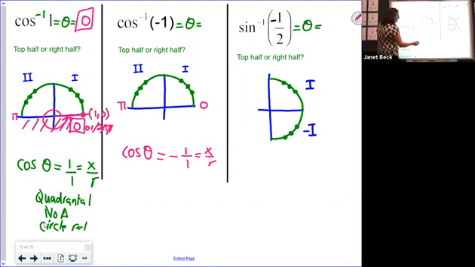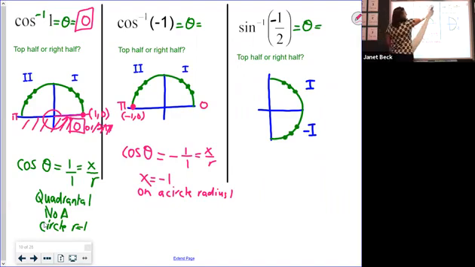Again, it's that same idea, it's quadrantal, but this time your x is -1 on a circle of radius 1. You're just thinking that in your head. So that must be this point here, the point -1, 0. But what I want, remember, is the name of the angle. The angle that takes me there is pi.